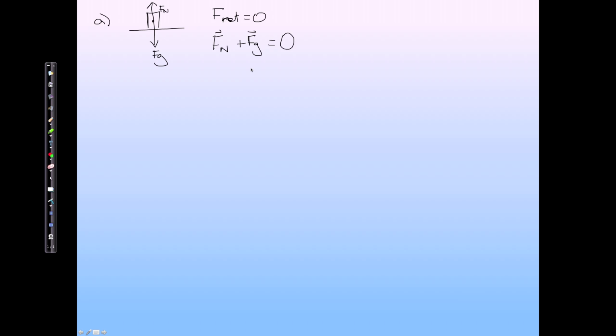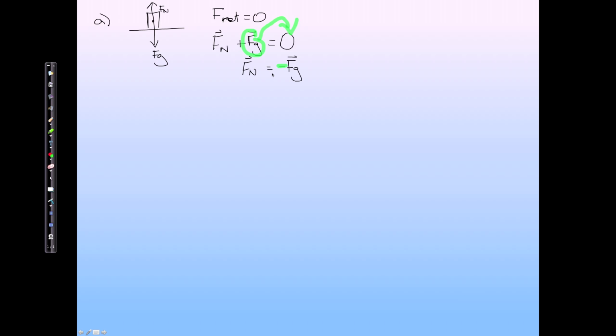Now, rearranging this, Fn equals the negative of Fg. I just moved this over across the equal sign, and because it crossed the equal sign, it became negative. So Fn equals the negative of Fg. In this case, the negative just means that Fn and Fg are in opposite directions.